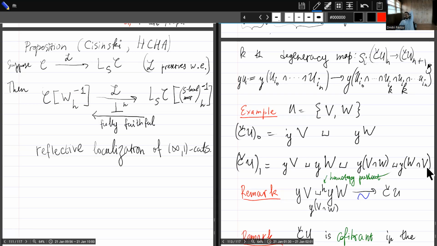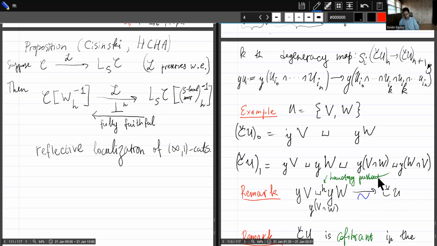And if you follow the previous discussion on descent for sheaves of groupoids, you may recall that there we perhaps used something a bit different. We were basically interested in what we can now identify as the homotopy pushout. So for V and W, we can take the pushout along the intersection. But as it turns out, there is a canonical map to the Čech nerve, and this map is a weak equivalence.